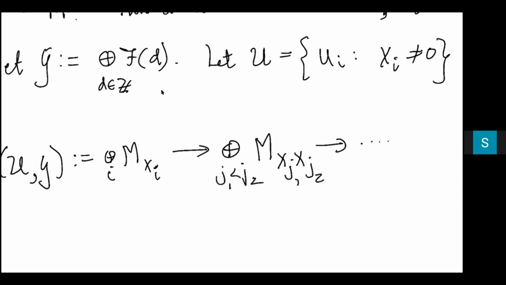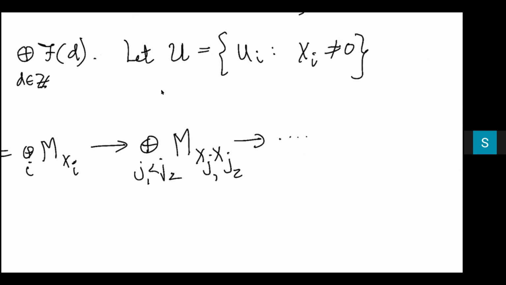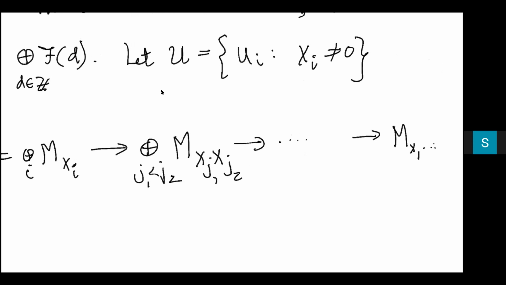The next one will be like this, and it will keep on till the last one, which is the n+1 fold intersection. The last term is M, there's only one intersection there, and so that's M_{x1 ... xn+1}.